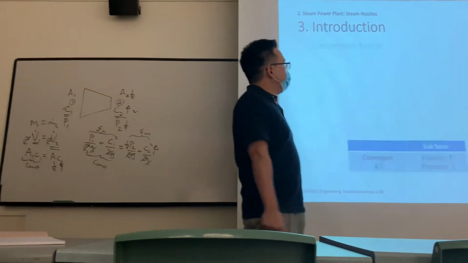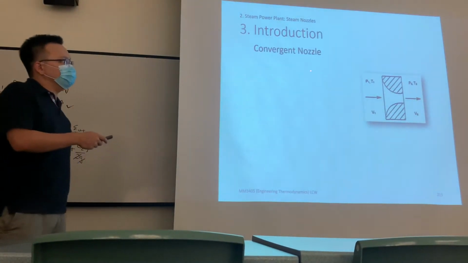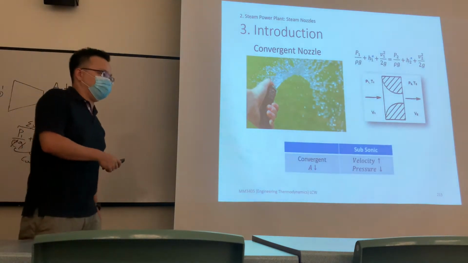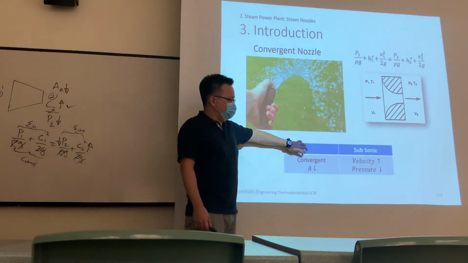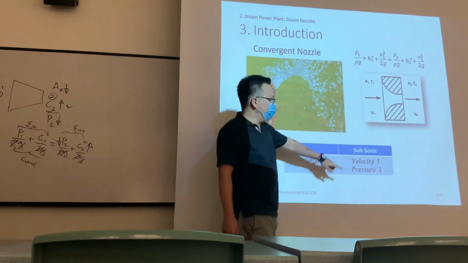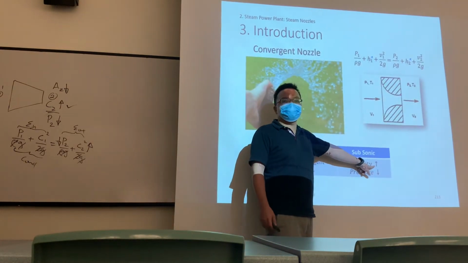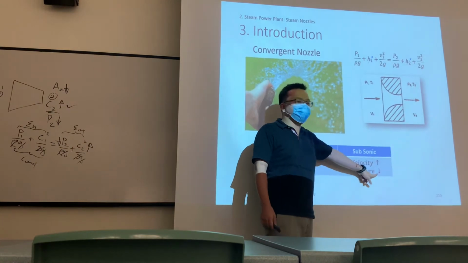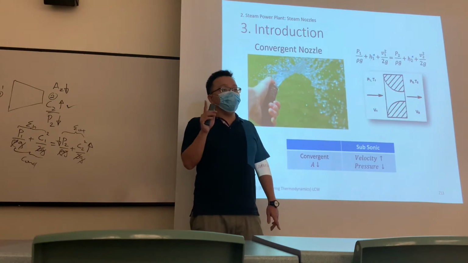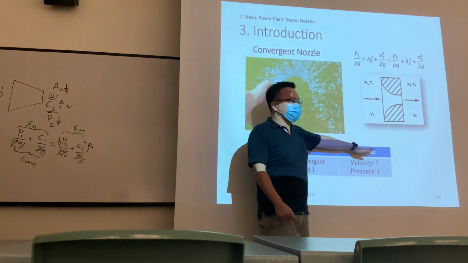With that said, this is your convergent nozzle. What we have shown here is this: when convergent means your area is getting smaller, velocity will increase, but pressure will decrease. What I need you to take note of is very simple.